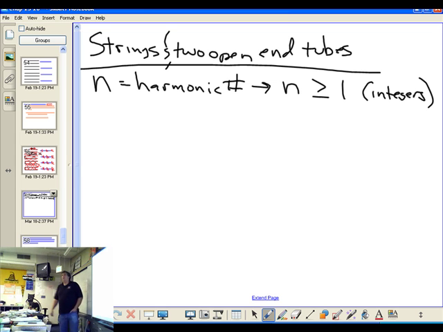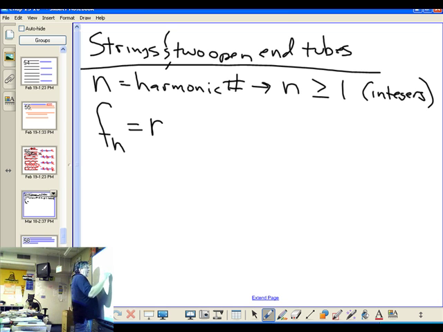Harmonic numbers are integers. So first of all, if I want the nth harmonic, and the nth could be the 10th harmonic, the 20th harmonic, and so on, it is going to equal n times the fundamental frequency.